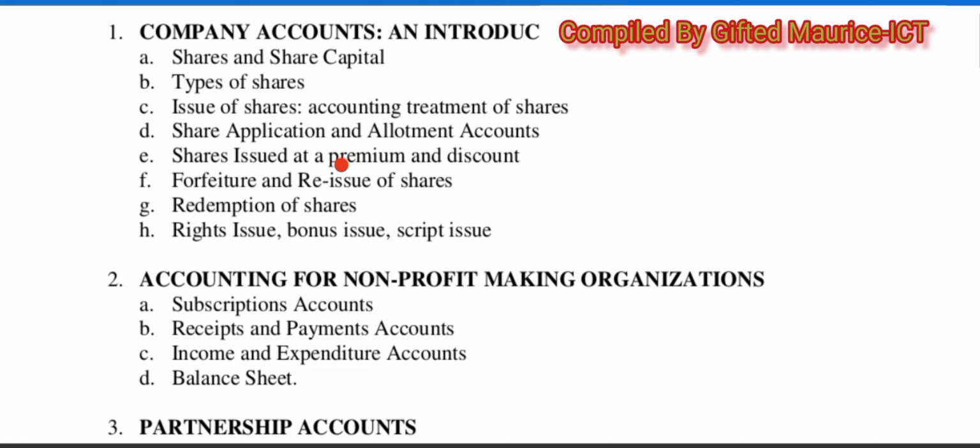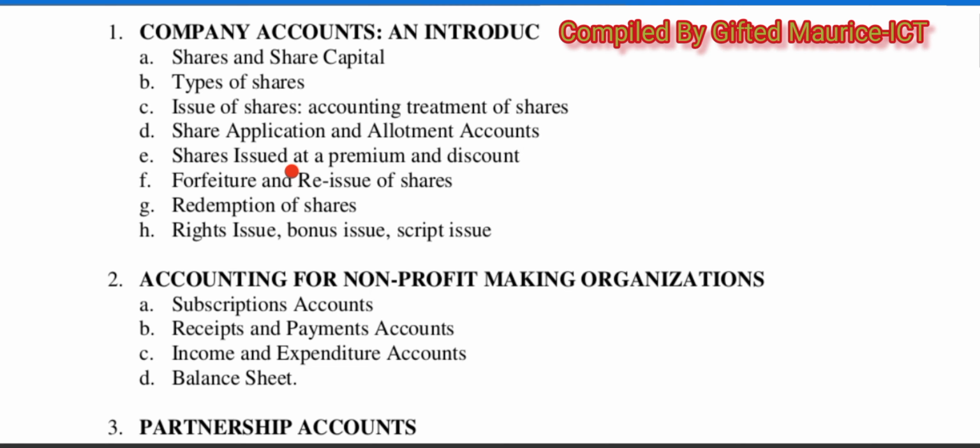And how then do we maintain the accounts of the calls that have been made to the allottees of these shares? And at some point, we will also be looking at how we issue shares at a price which is more than the value of that share.